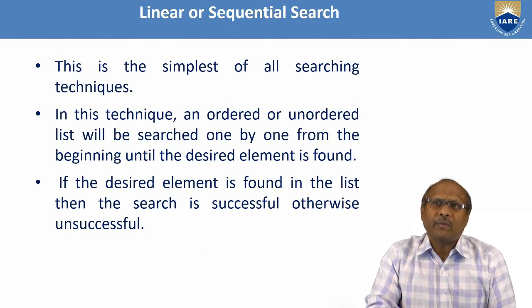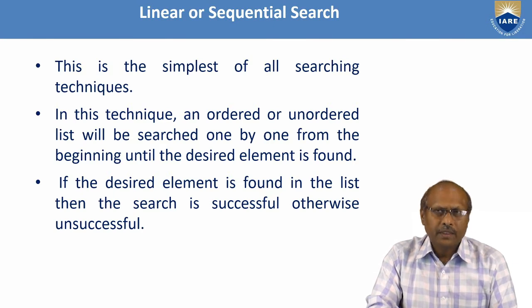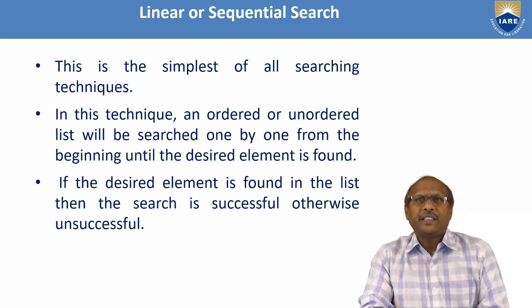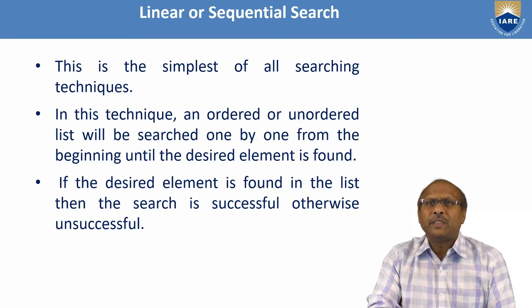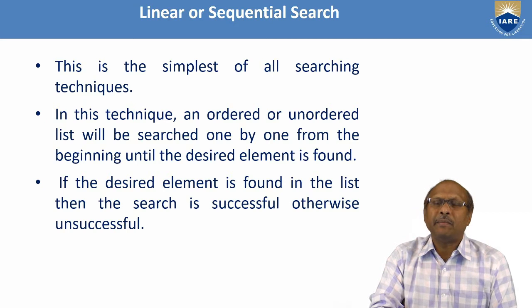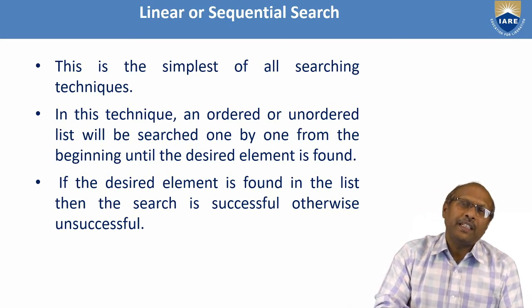This is the simplest of all searching techniques. Linear search you can implement in the simplest way. In this technique, an ordered or unordered list will be searched one by one from the beginning until the desired element is found. The name indicates what? It is linear.